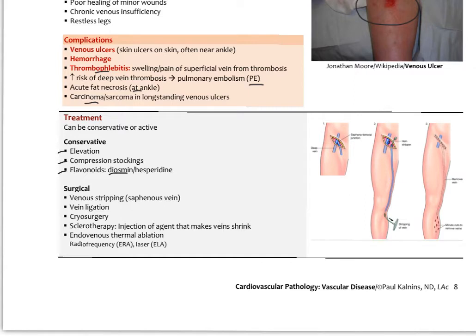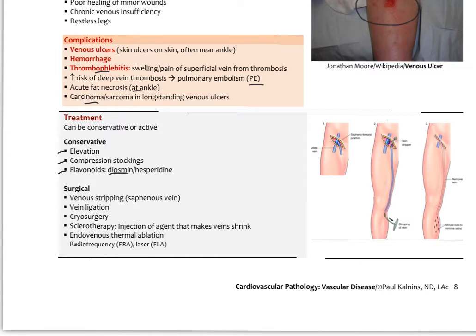We have herbs like horse chestnut and stone root, which is in the mint family, and then witch hazel, things like that, which can be helpful, we think, to give more support to the venous walls. I've experimented a little in some patients with improving their androgens, and that seems to have helped with some cases of hemorrhoids, things like that. So that would be conservative treatment.